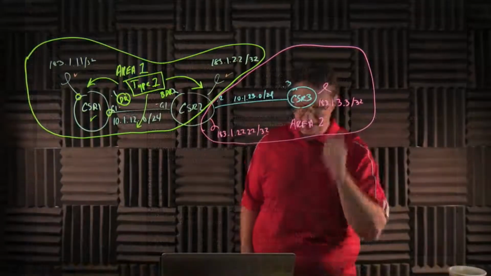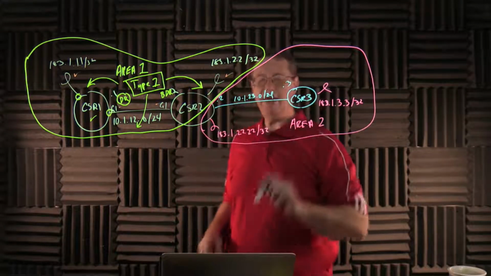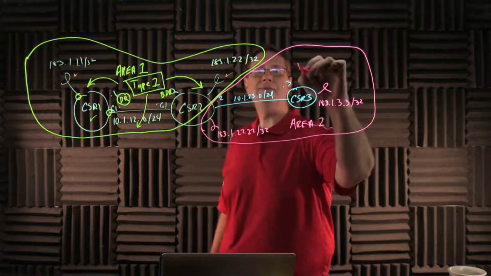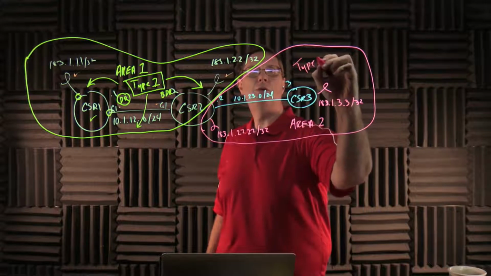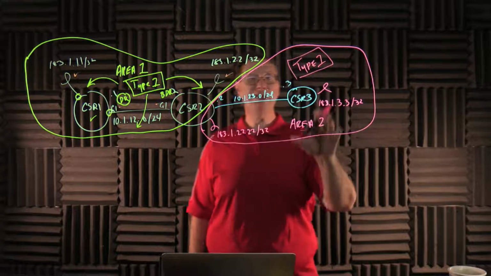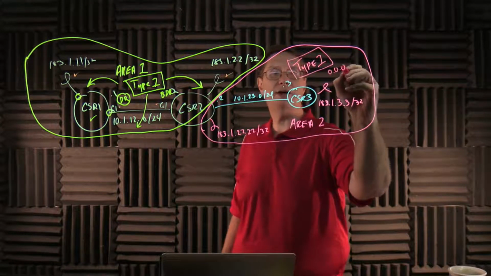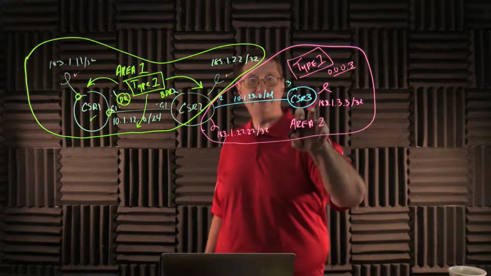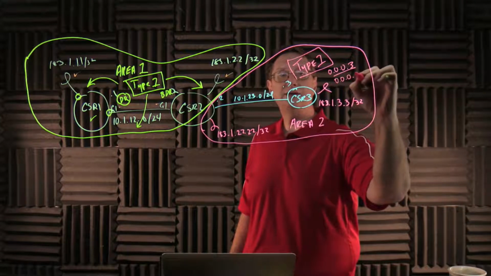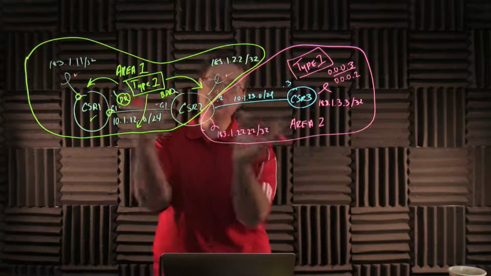Now let's look at what that did. From the perspective of this area, let me grab my pink marker here. We are now creating type 1 LSAs. In fact, every device in area 2 is going to create one, which means I'm going to have a 0.0.0.3, the advertising router for R3, and there's also going to be a 0.0.0.2 for R2, because R2 is actually in two areas.